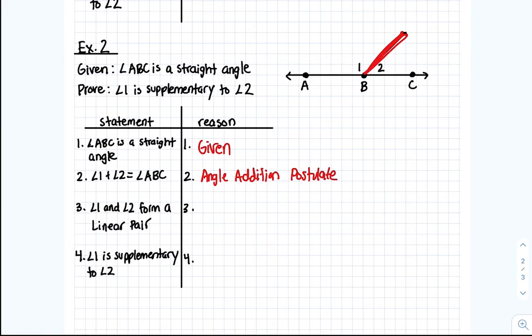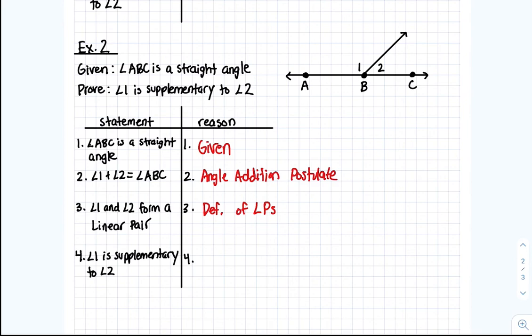So the statement saying angle 1 and angle 2 form a linear pair is the definition of linear pairs. And it's in your notes from above, the definition of linear pairs.